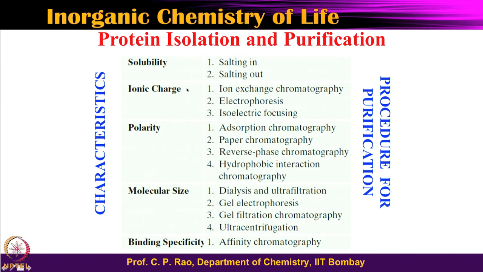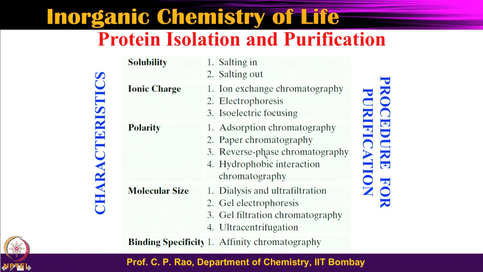Okay. So, protein isolation and purification, as I said, the proteins can be obtained either from extraction from the natural source or by expression. The different characteristics, the solubility characteristics, ionic charges, so the protein will have all of these properties, and these properties will determine what method you want to use for either isolation or for purification.